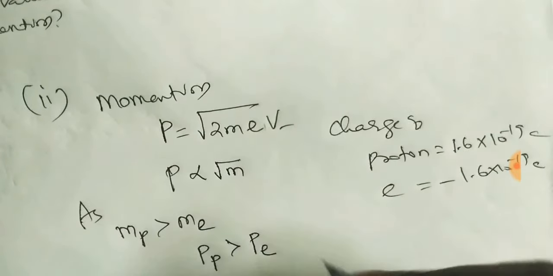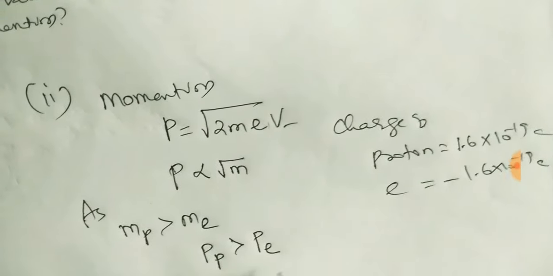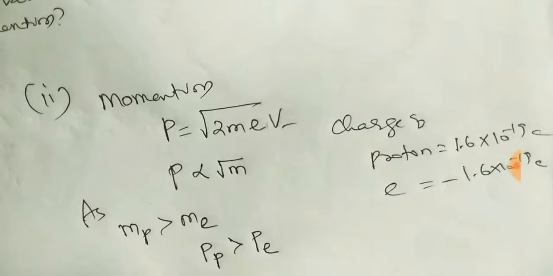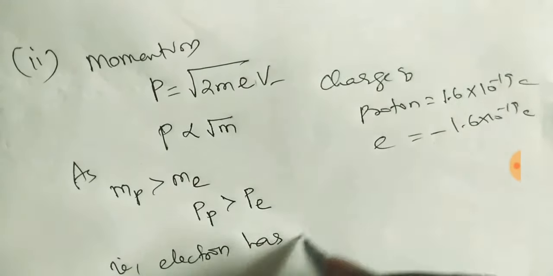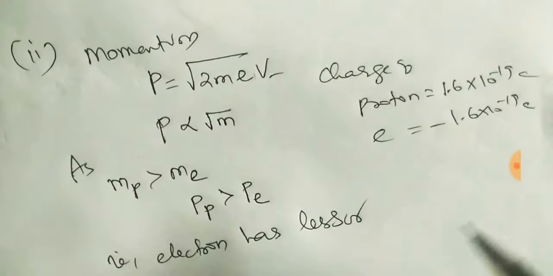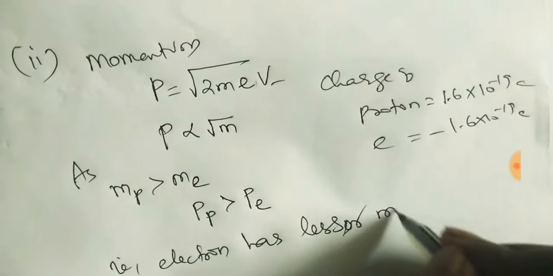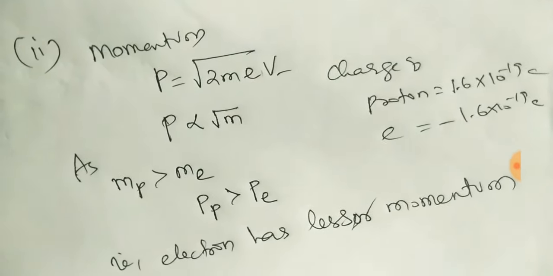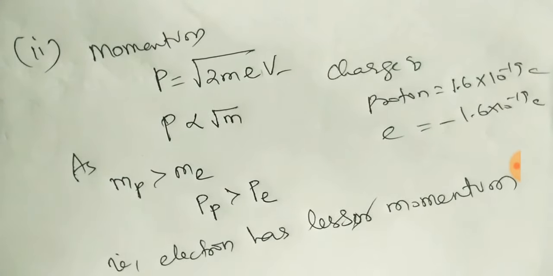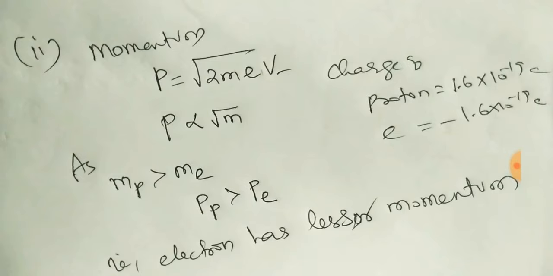But since they have asked which one has the lesser momentum, we should write that the electron has lesser momentum. Sometimes they'll ask which one has a greater momentum; you should write the proton has a greater momentum. But you must keep in mind that the mass of the proton is always greater than the mass of the electron. Okay, children.